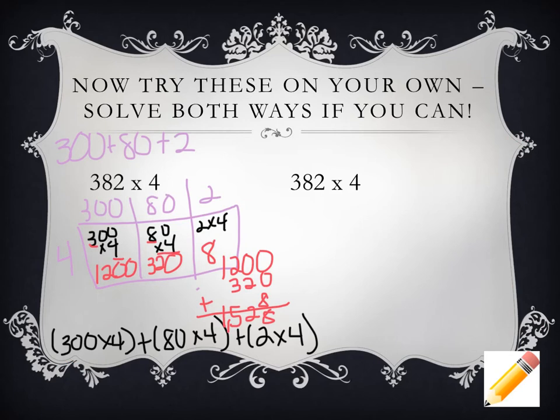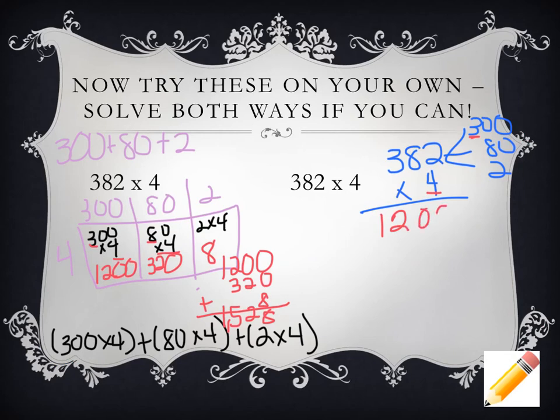To use partial products, I'm going to write 382 vertically. 382 times 4, and still think of 382 as 300, 80, and 2. And start with multiplying 4 times 300 to get 12 with 2 zeros, or 1,200.